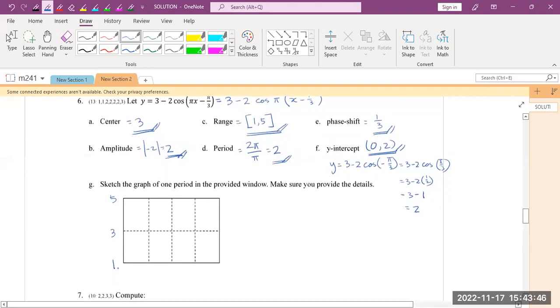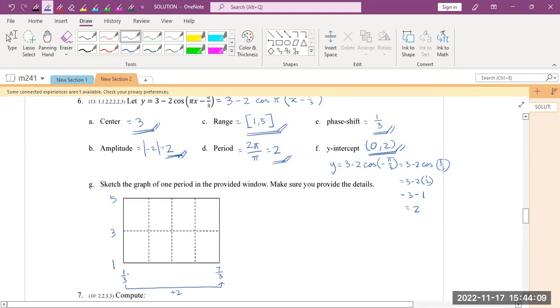Okay, the phase shift is 1/3. The period is 2, so from 1/3 I add 2, this will be 2 plus 1/3, which is 6/3 plus 1/3, that's 7/3. Okay, and then the quadrantal period is 2 divided by 4, that's 1/2.